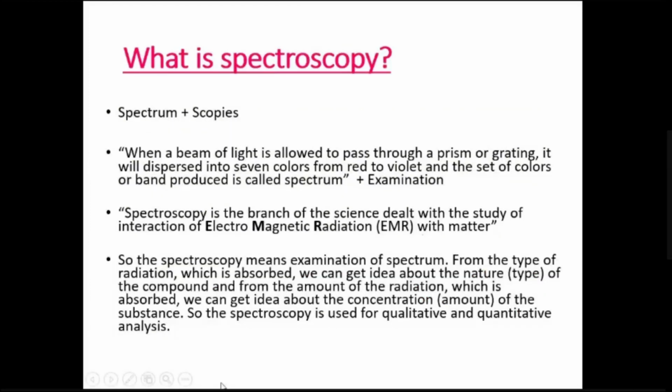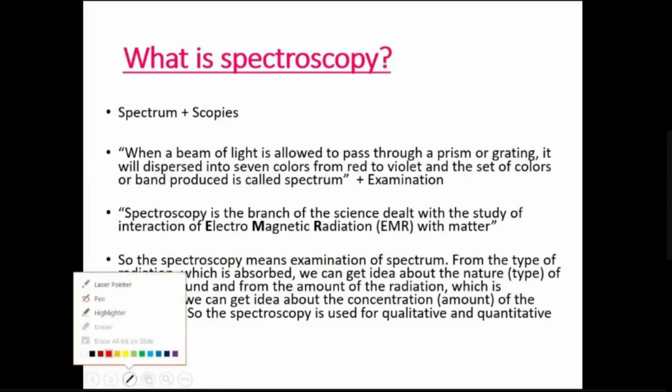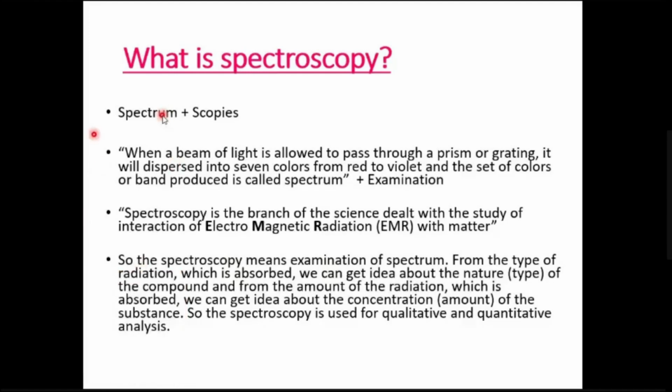Coming to the next part, what is spectroscopy? Now we saw what is EMR. So this is spectrum plus scopy. When a beam of light is allowed to pass through a prism or grating, it will disperse into 7 colors from red to violet, and the colors or bands produced from it are called a spectrum.